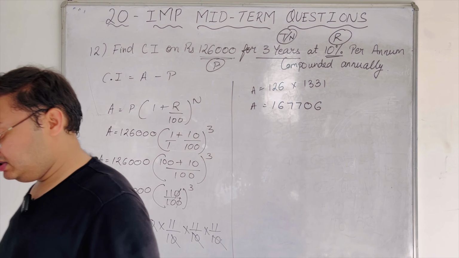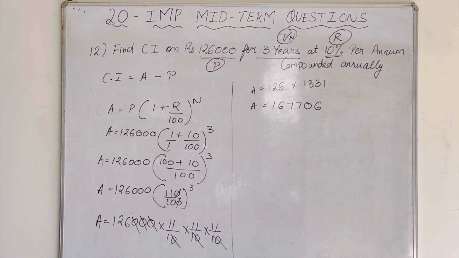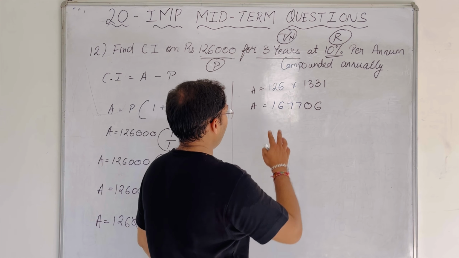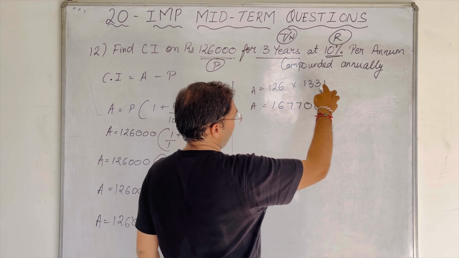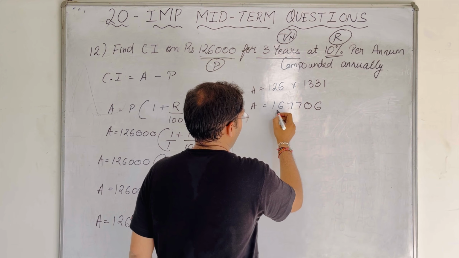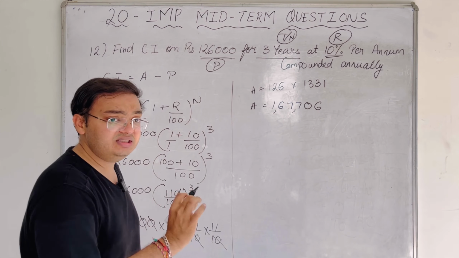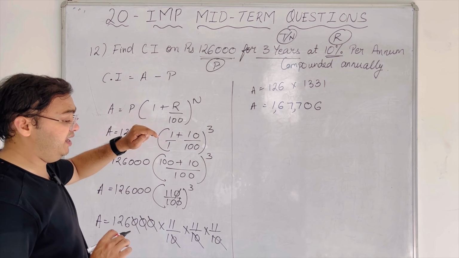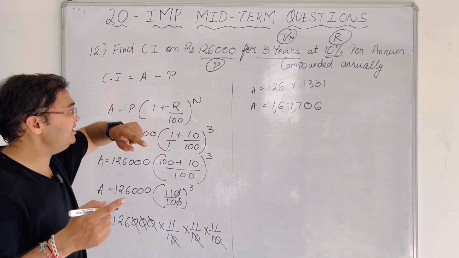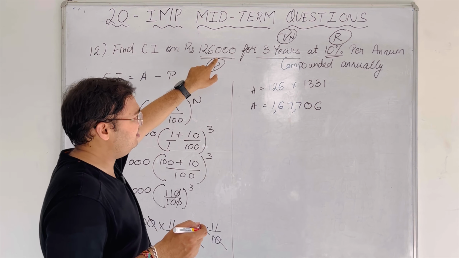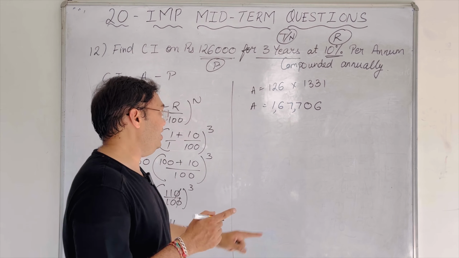So when I multiplied 126 with 1331, I got 1,67,706. So this is the amount which he is going to pay to the person from whom he has taken 1,26,000 for 3 years at the rate of 10%.